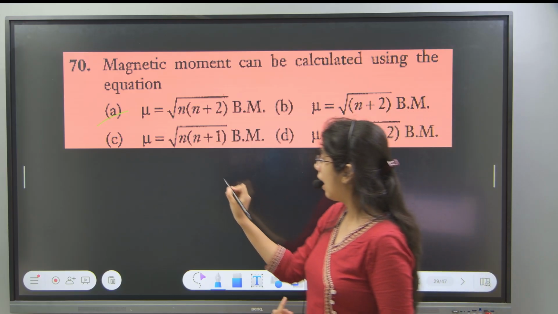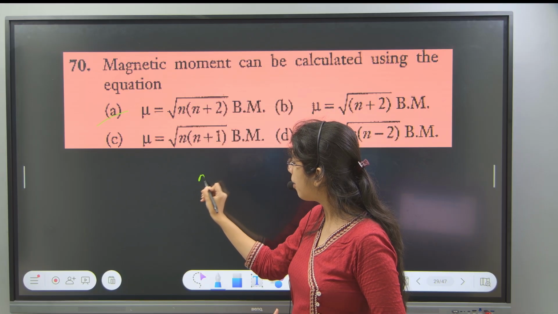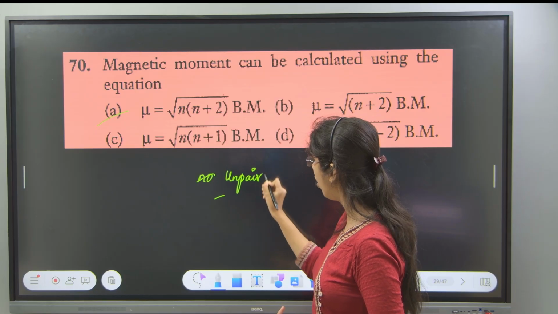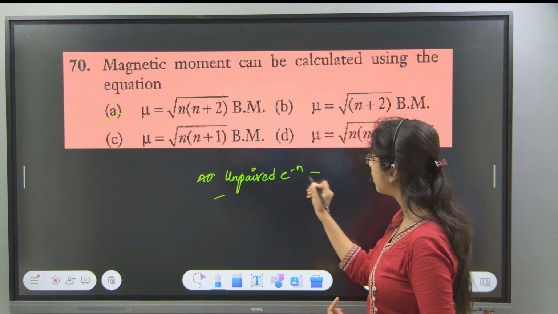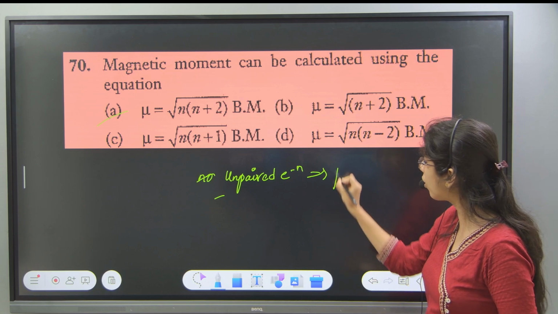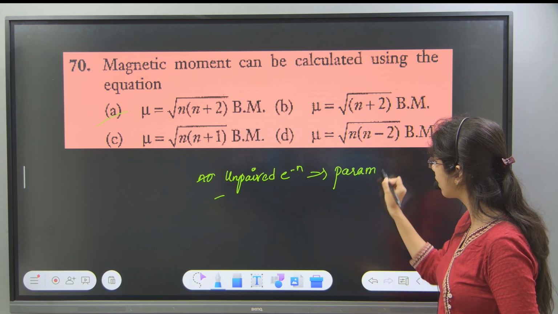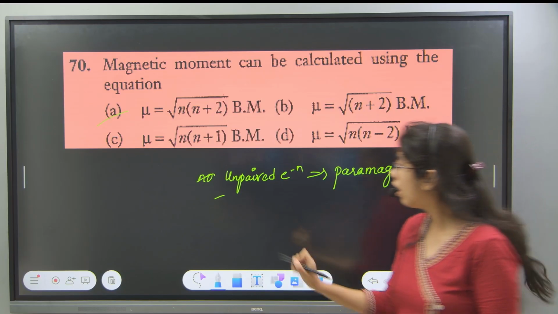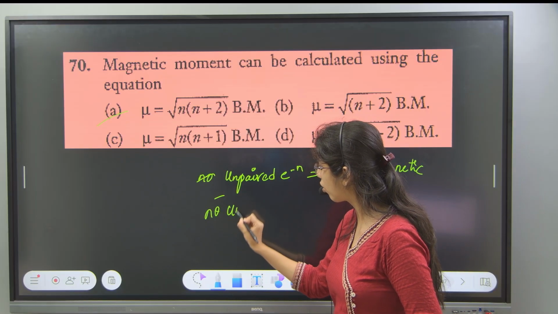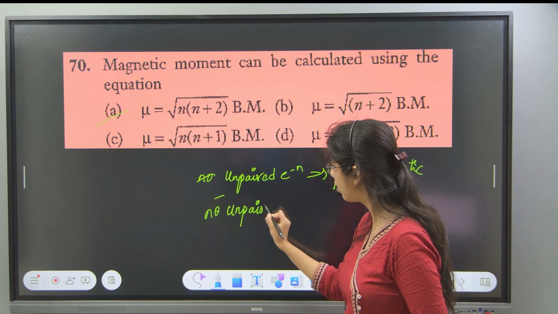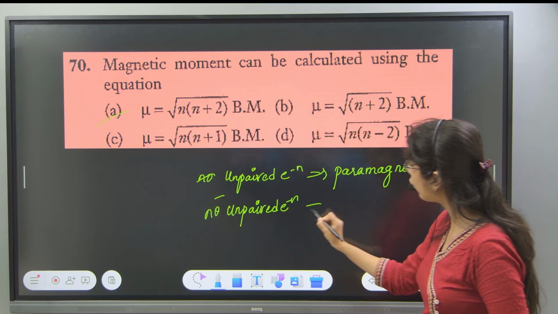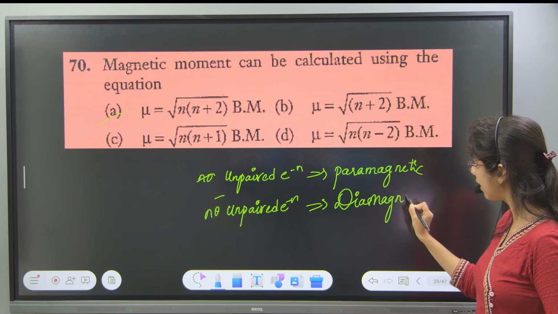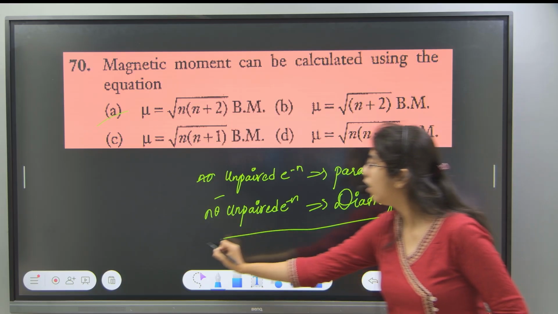Now, if there is an unpaired electron in a species, then that kind of species will be called paramagnetic. If in a particular ion there is no unpaired electron, then that kind of species will be called diamagnetic.